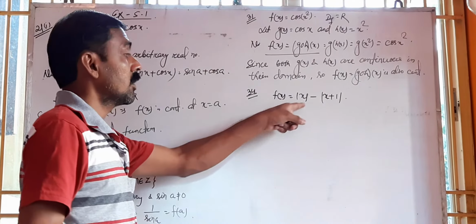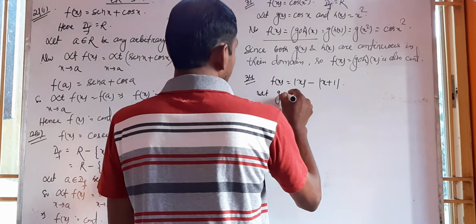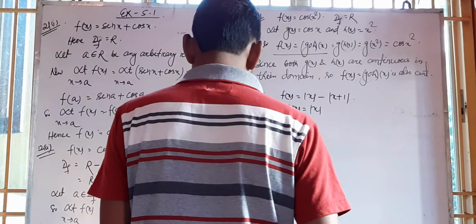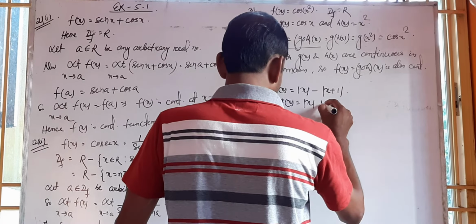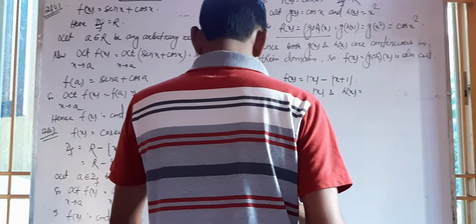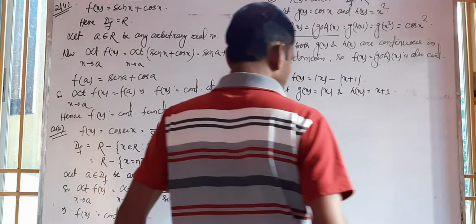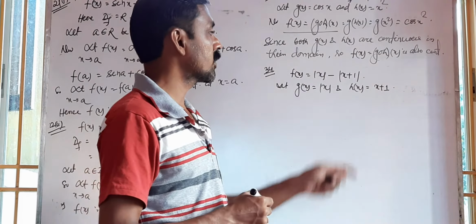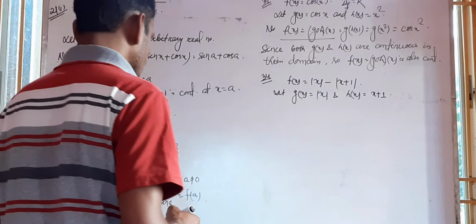So here also it is a composite. So here we will take, let g of x equal to modulus of x and h of x be x plus 1. Why have I not put x plus 1 there? Because you have to find the composite. So g of x is mod x and h of x is x plus 1.